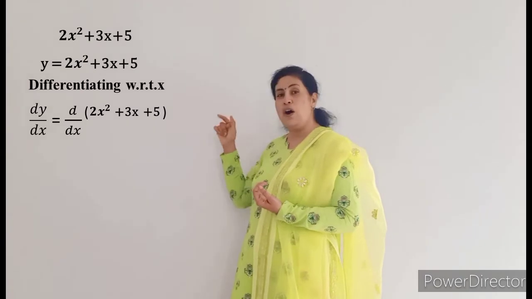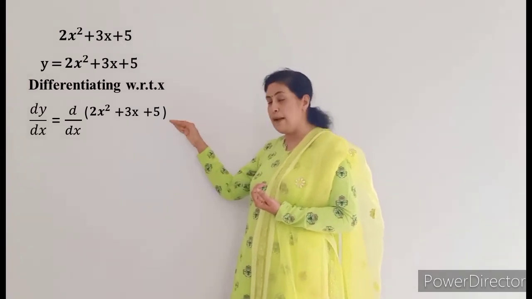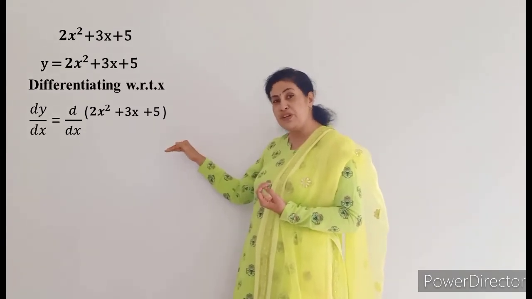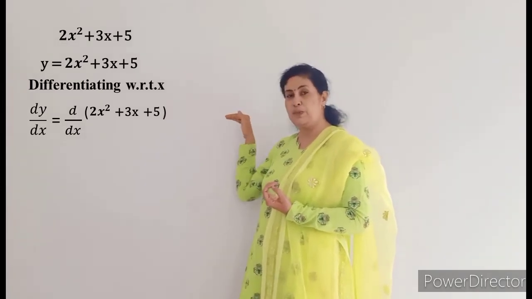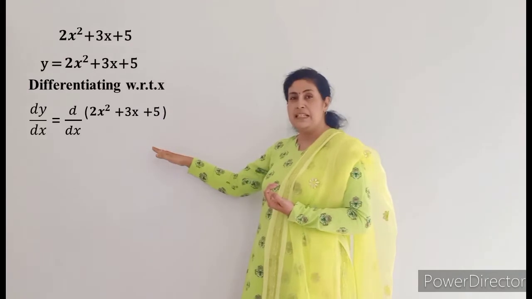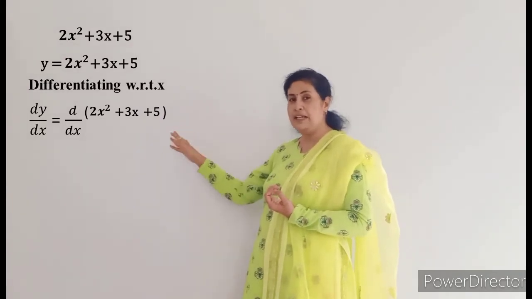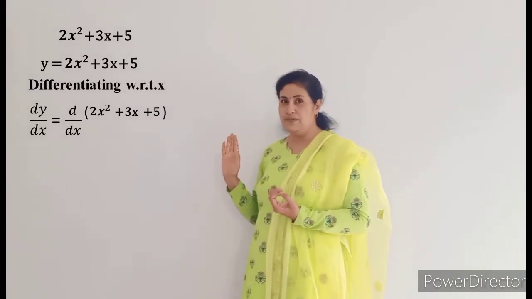And I always write the statement that when I am going to differentiate, I am going to differentiate it with respect to x. So differentiating with respect to x, this will be d upon dx of the function. Get it?